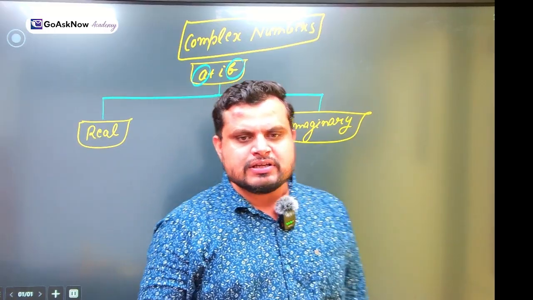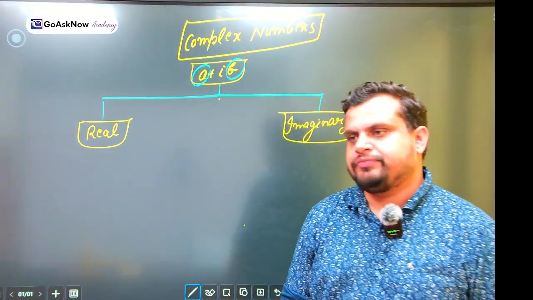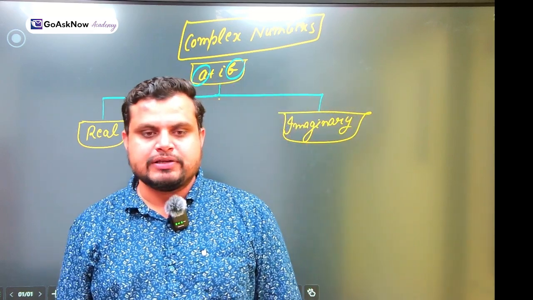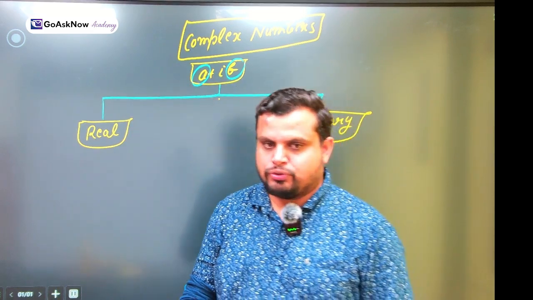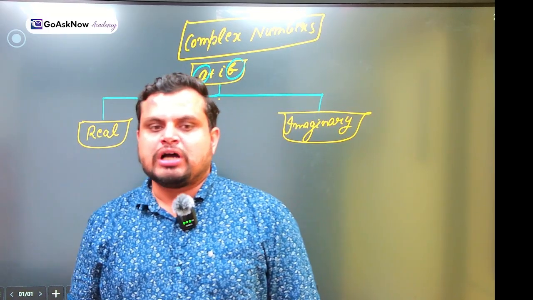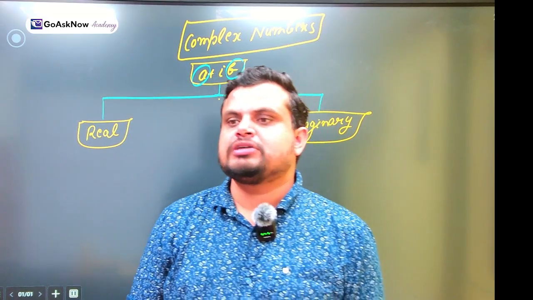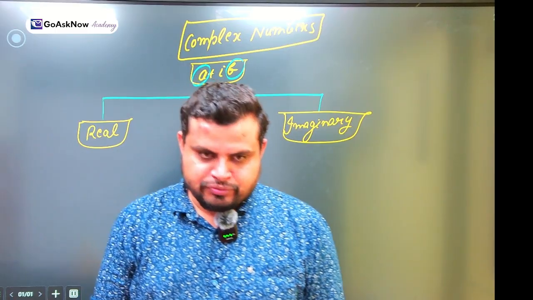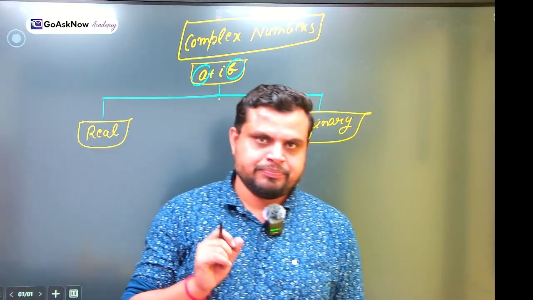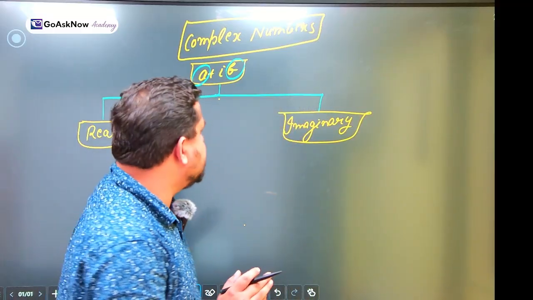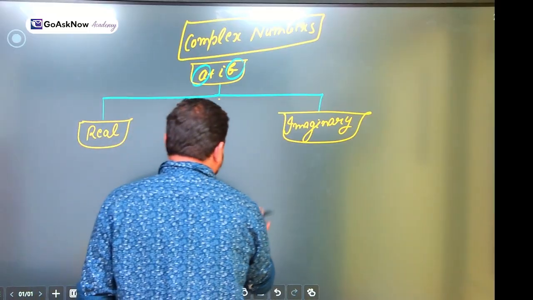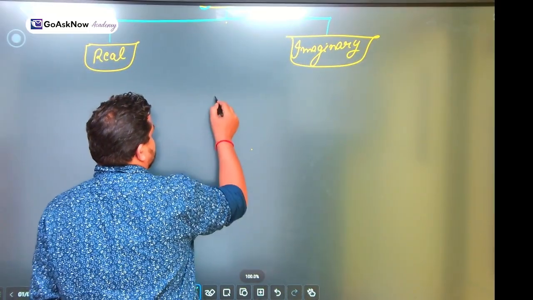Suppose I ask you, what is your age? Then you will reply 1, 2, 3, 4, whatever your age is. Or how many family members are there in your family? So real numbers are those numbers which you observe in your life on a daily basis.